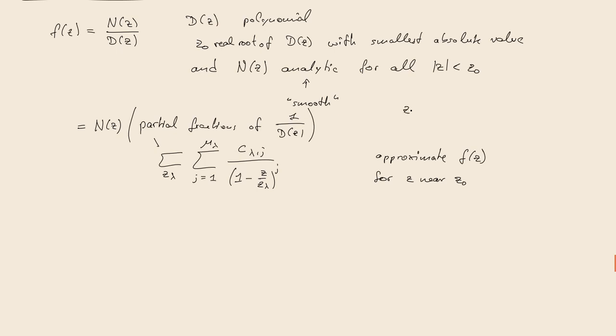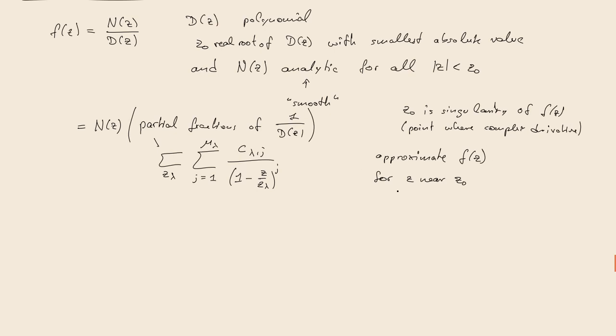So all the roots of d of z are singularities of f of z. It's a point where the complex derivative doesn't exist. I just note it here for completeness, even though we haven't talked about what complex derivatives are.